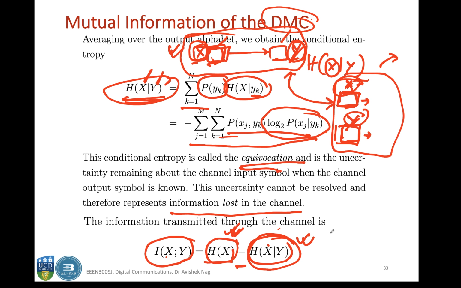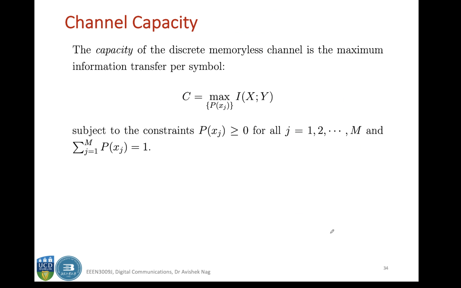Having said that, now that we have defined the mutual information between the source and the destination, from now on x means your source and y means your destination. So the mutual information between x and y is the term that is of our interest now.